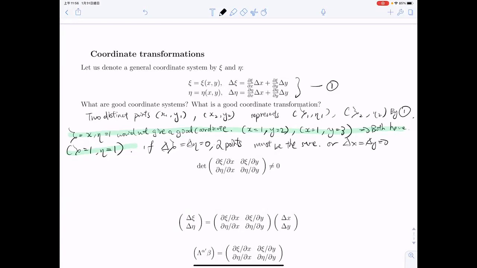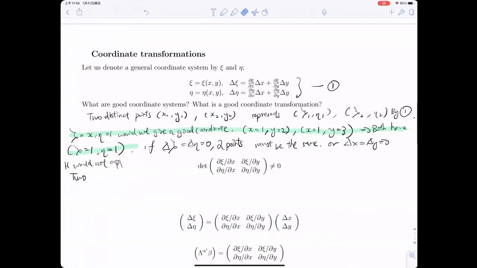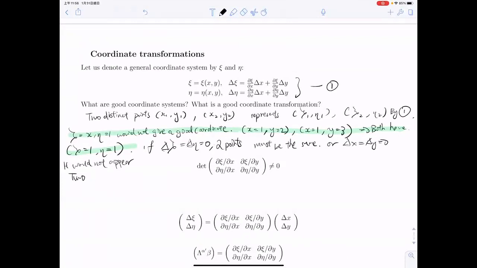So it would not appear that two different points have the same set of xi and eta, just like the case I highlighted.